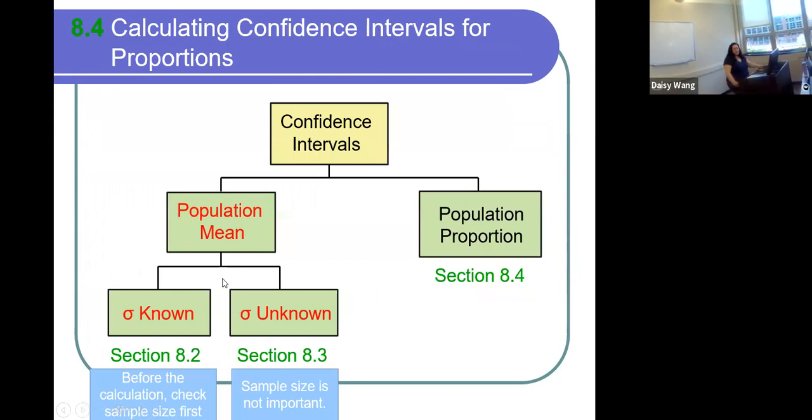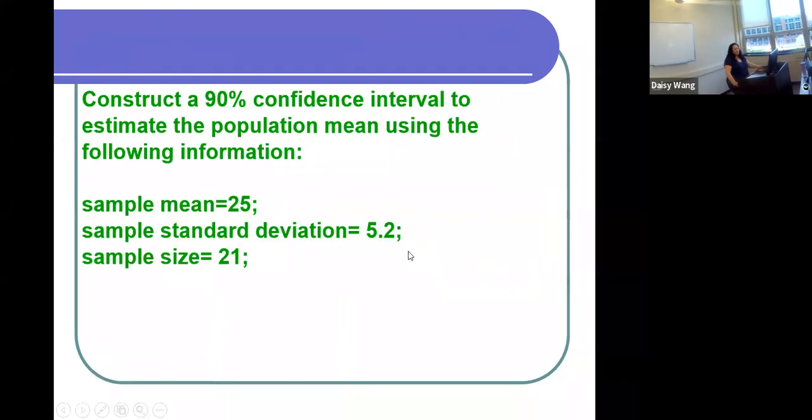Okay. And then the next one is the proportion. Here is one example. Because the sample size is less than 30, and we don't have the population standard deviation, we have the sample standard deviation, so we have to use the t-score.